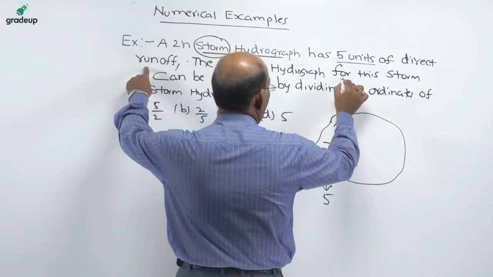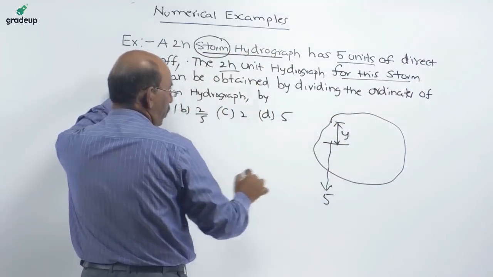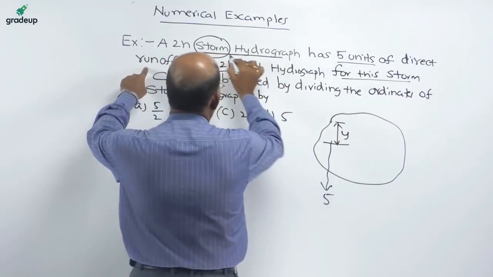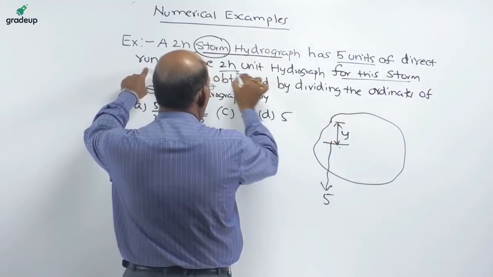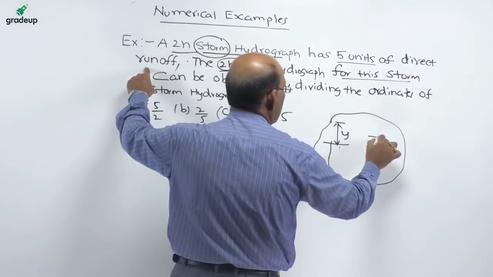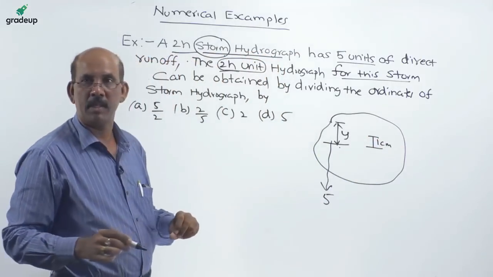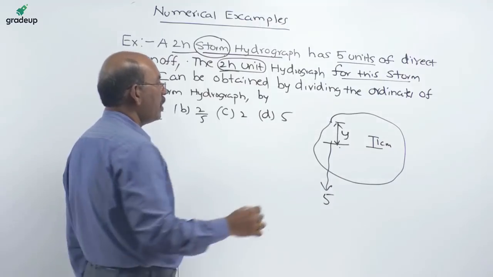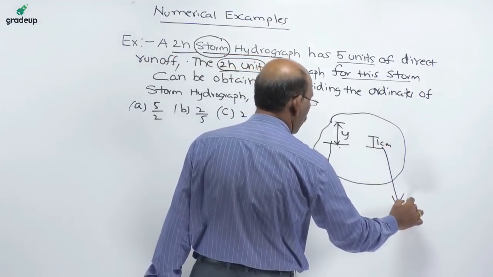For this same storm, a 2-hour unit hydrograph means the depth is 1 centimeter. When water flows with this depth, what is the value of Q?